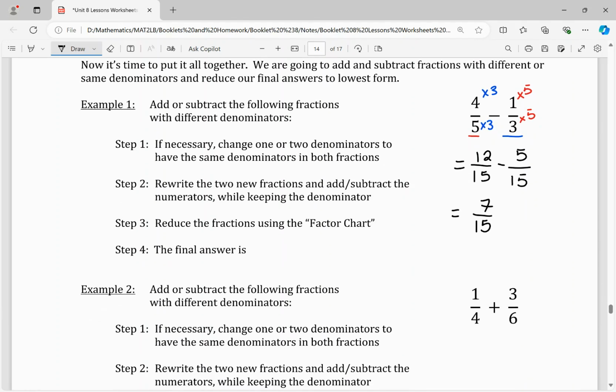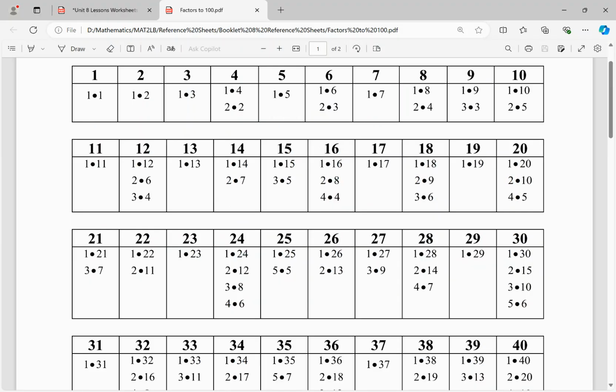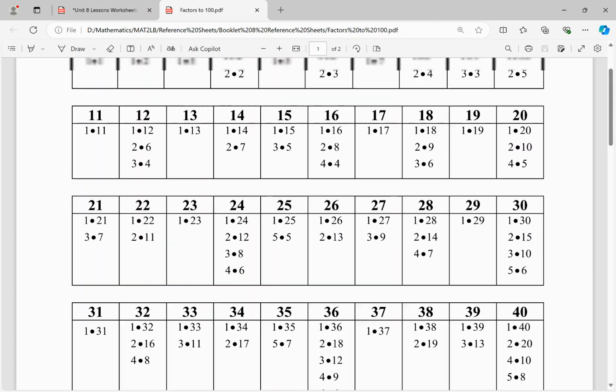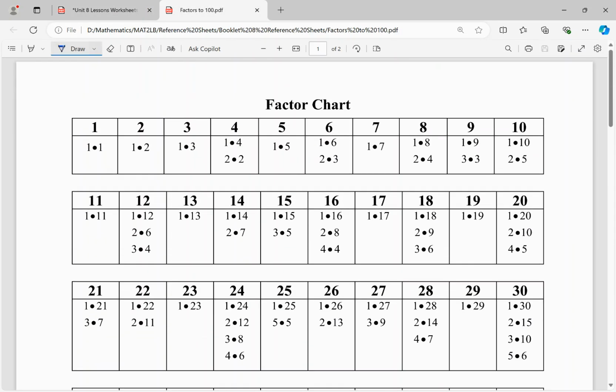Now, like I said earlier, whenever you get to the final answer, you need to check if you can simplify. So give me a second while I pull up the factor sheet here. Okay, here's our factor sheet, and our two numbers are 7 and 15. So here's 15, here's 7.